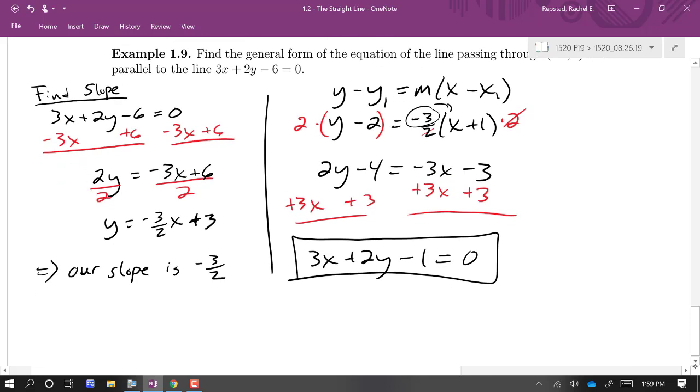Now, if you took that equation and multiplied both sides by negative 1, what would we get? If I took this equation that we just found and multiply each side by negative 1, what's the result?